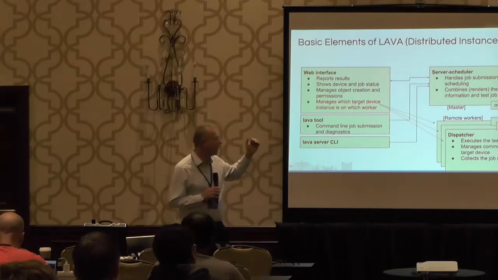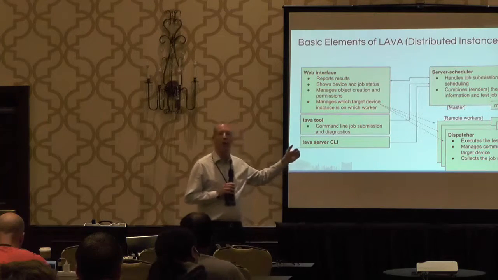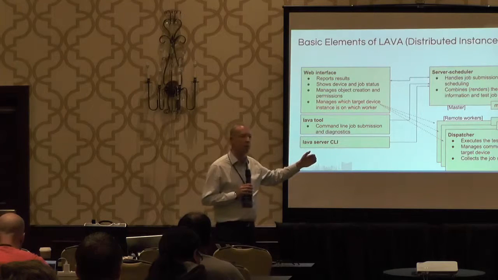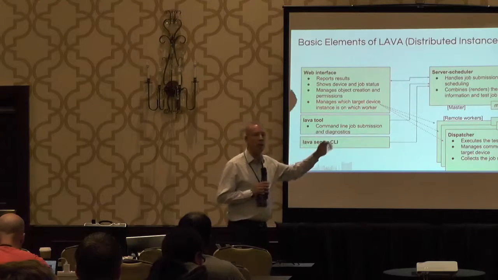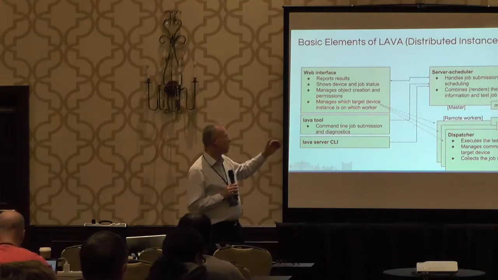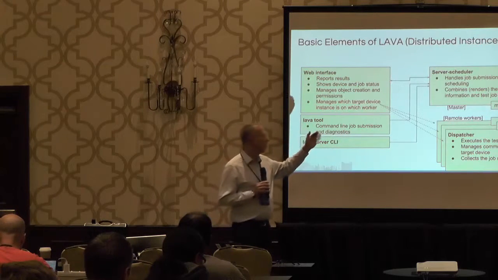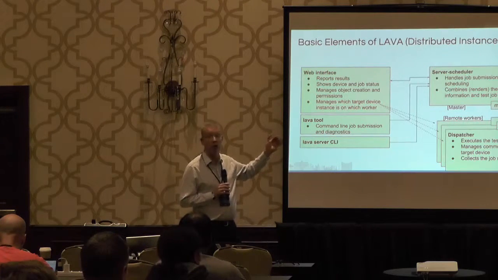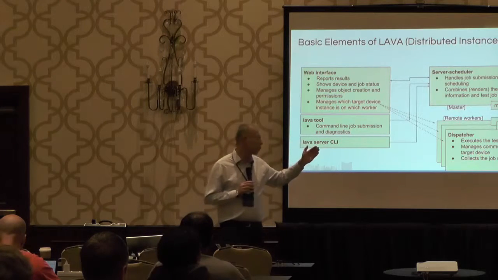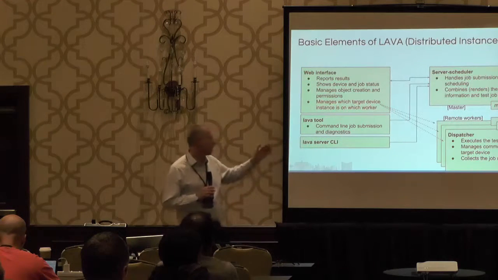So the drudgery of running the tests and interacting with the targets, you can offload to many machines. And they're all served to a single scheduler, which is managing overall the job workload to those remote workers, and they're all connected by 0MQ.